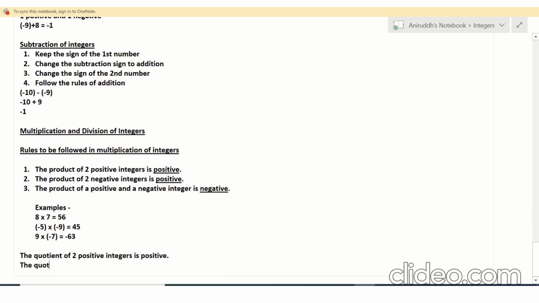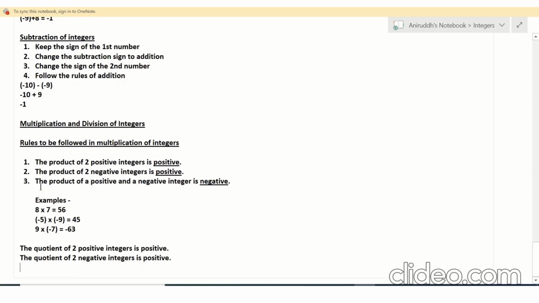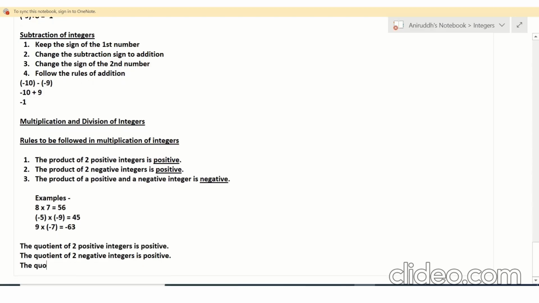The quotient of two negative integers is positive, and the quotient of a positive and a negative integer is negative.